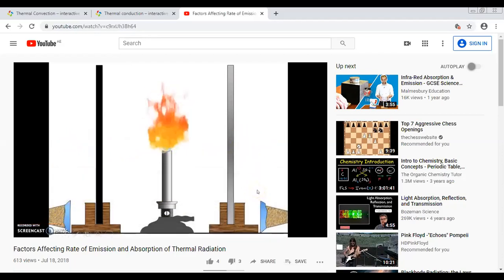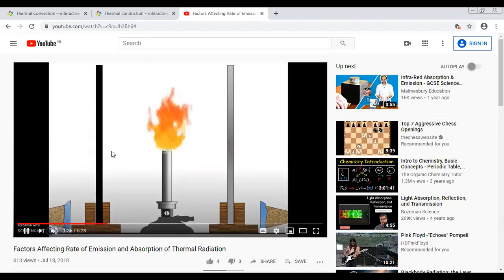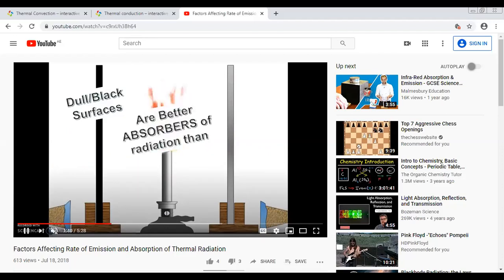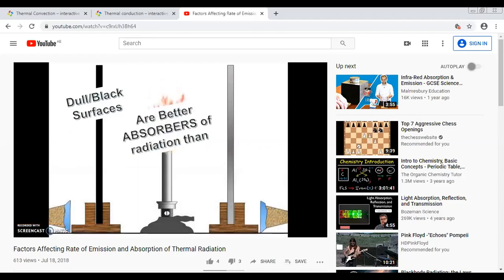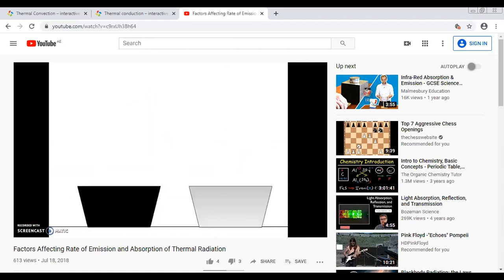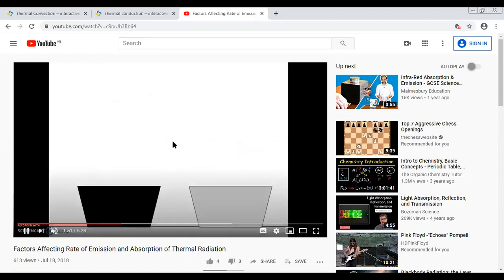The reason for this is that dull black surfaces are better absorbers of radiation. Shiny silver surfaces are bad absorbers of radiation. Look at this second one. We have two containers of the same size.